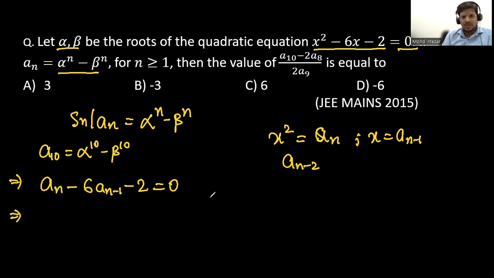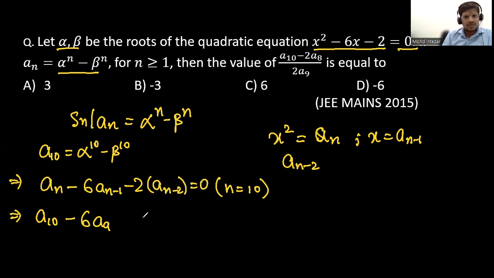Now if we put n equals 10, this is A10 minus 6 A9 minus twice of A8 equals 0. So what we have to find is A10 minus twice of A8.